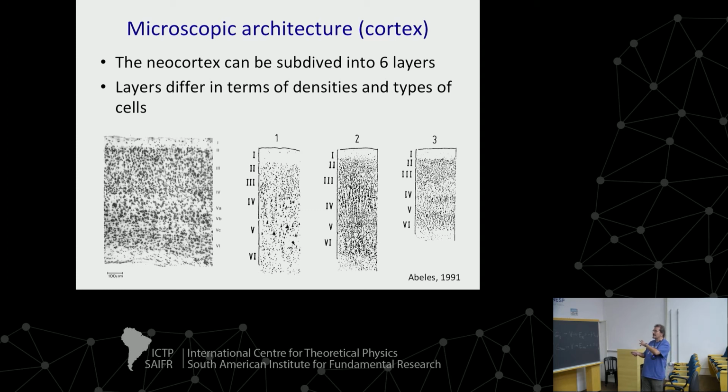Based on analysis of this, the vertical dimension of the cortex is divided into 6 layers, 1, 2, 3, 4, 5, and 6. That's the usual classification of the cortex. The cortex is subdivided into 6 layers, apart from the columns.